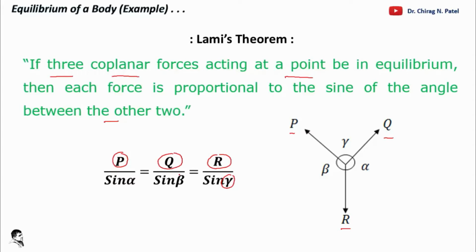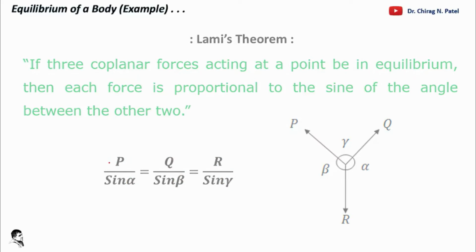Then you can easily find the other two forces by using the equation of Lamy's theorem. This is also known as the sine rule equation. So you can find the other, unknown forces in the force system.